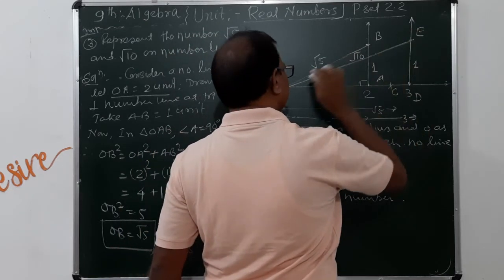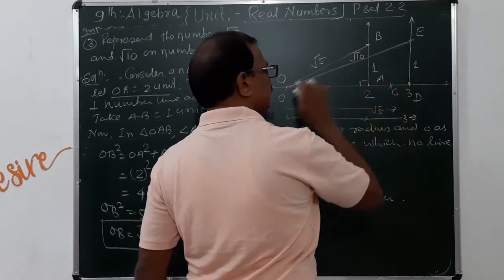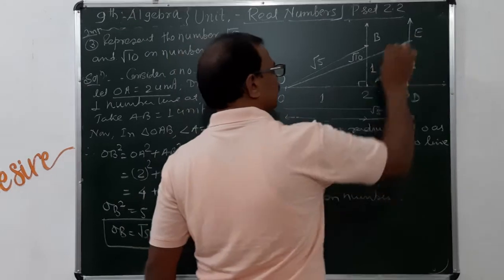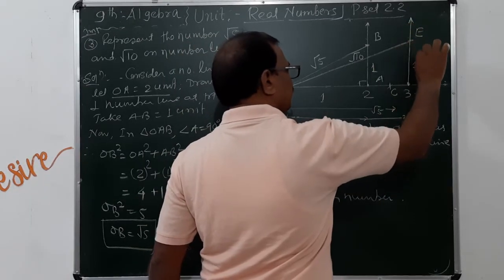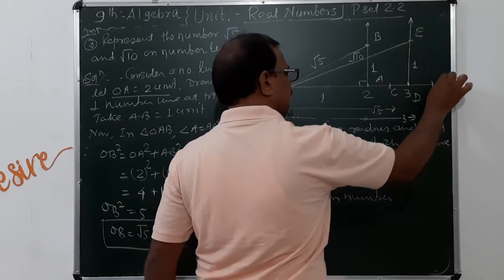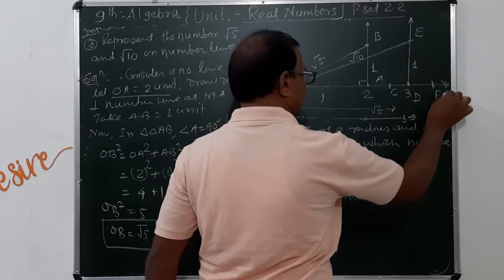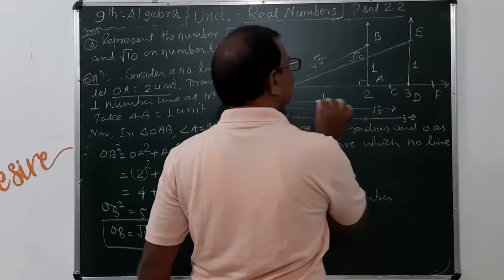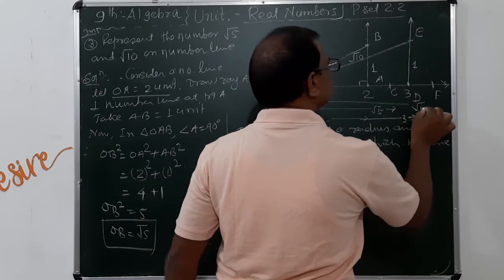Then take the distance OE as a radius and O as a center. Draw an arc which cuts the number line at point F, so that this length OF must be equal to under root 10.